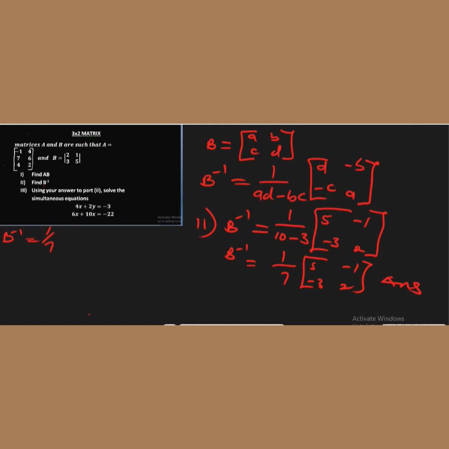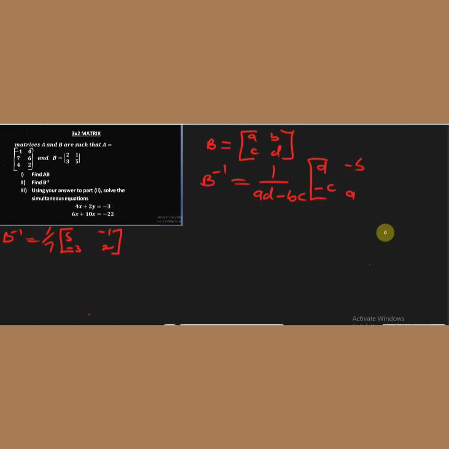So 1 over 7 times 5 up, minus 3 down, minus 1 up, 2 down. Okay, I'm going to clean up here. So you need to listen to learn how to solve simultaneous equations using matrices.